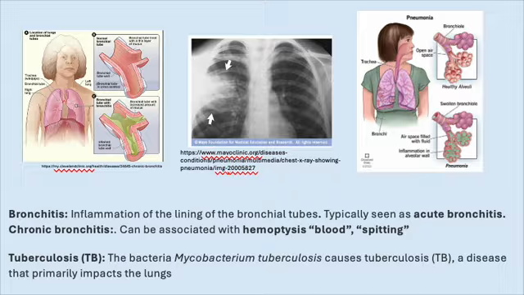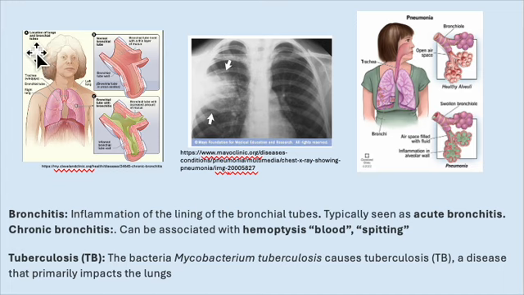In bronchitis, there is inflammation of the lining of your bronchial tubes. And the difference is that while asthma causes those spasms that we saw and the wheezing and so forth, bronchitis is more just associated with the physical swelling of those tubes. So this can be caused by a previous infection, for example.